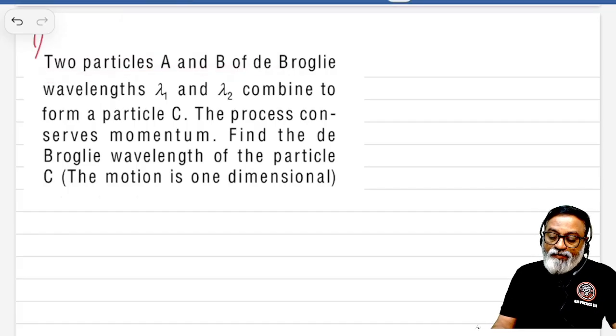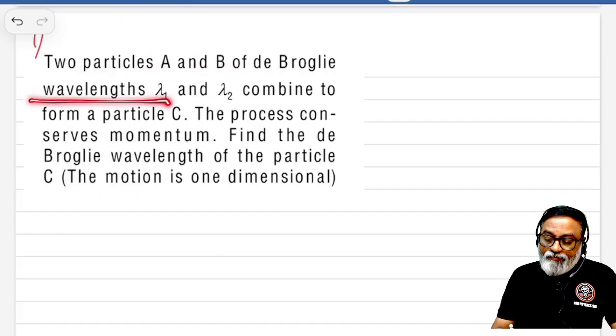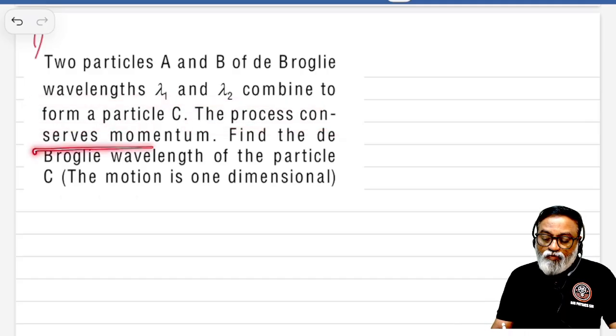Two particles A and B of de Broglie wavelengths lambda 1 and lambda 2 combine to form a particle C. The process conserves momentum.